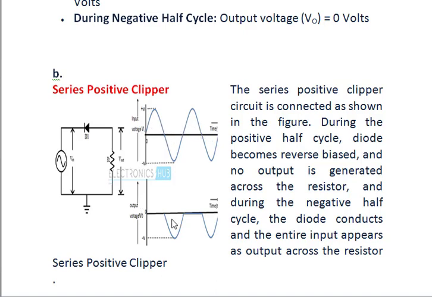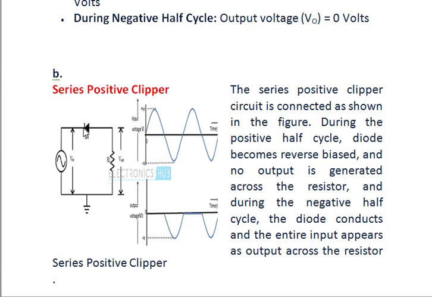And in the next half cycle here, the diode now acts as forward bias. Why? This portion is negative. So the diode, here it is also negative, here positive. So the negative portion is moving here. It is negative and negative, so it is a forward bias.